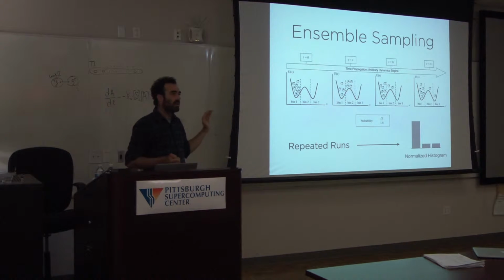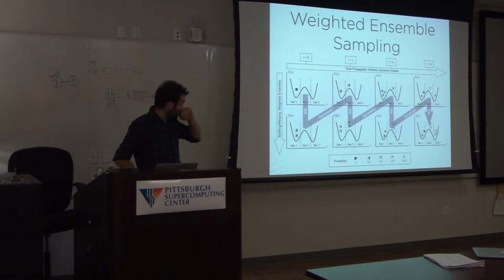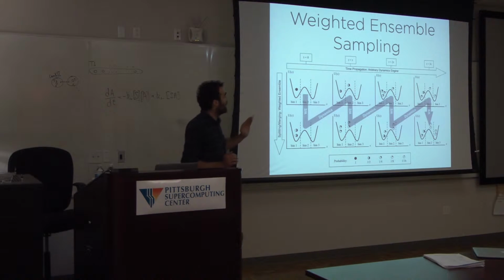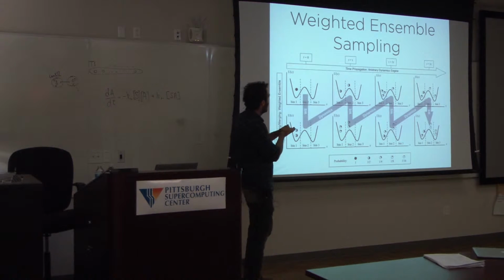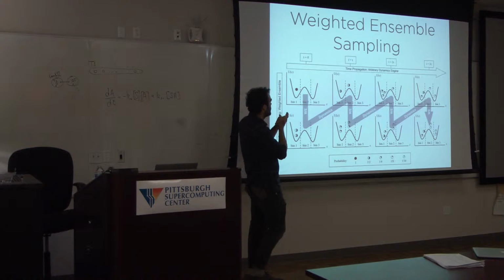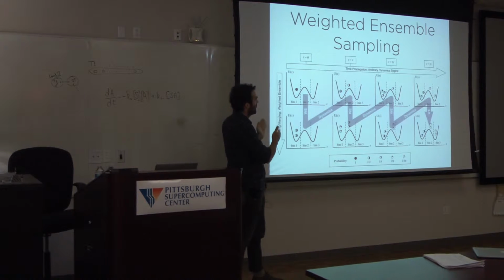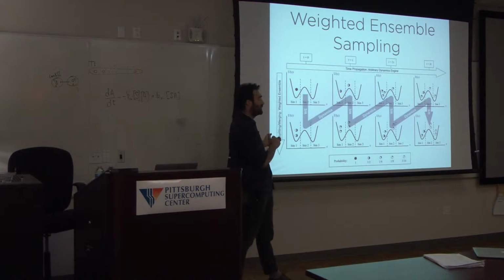And so this is perfectly parallelizable, right? So you're not stuck just cranking these out on a single core, but you can do better than perfect parallelization. That's the point of this method. And so instead of just stepping through time with parallel trajectories, in the weighted ensemble algorithm, at each time point, or at some fixed time point, you do these resampling events, right?